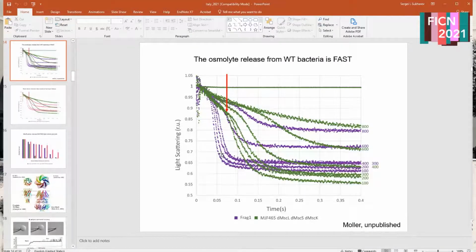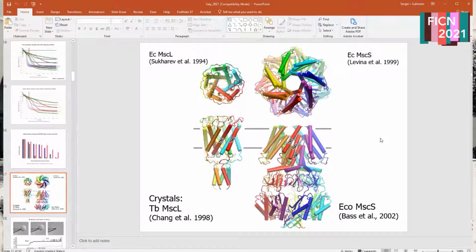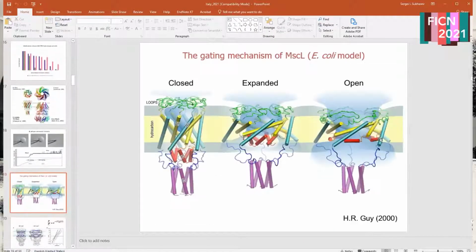And the density of channels is estimated to be approximately 4,000 per cell. And they take almost 5% of the membrane area according to the simple estimates. So it's a very drastic event. The osmotic shock gets rid of everything, and the membrane needs to be reclosed.